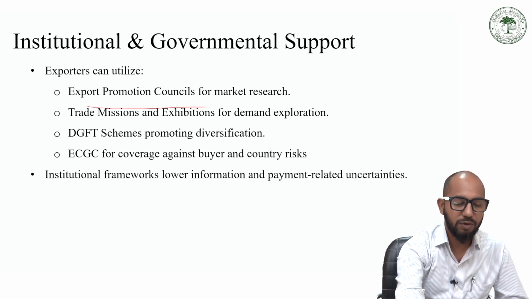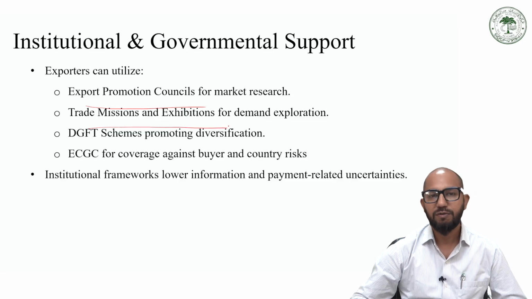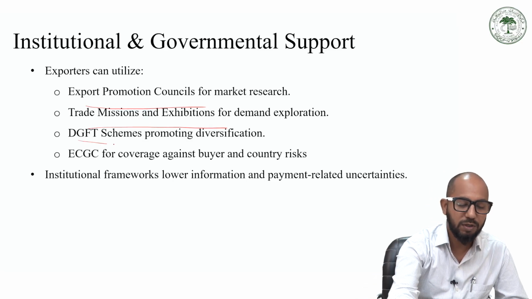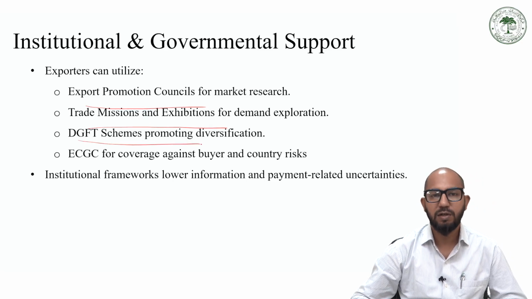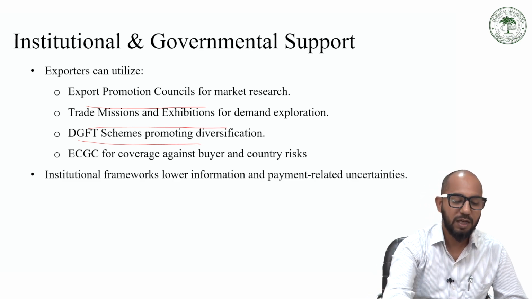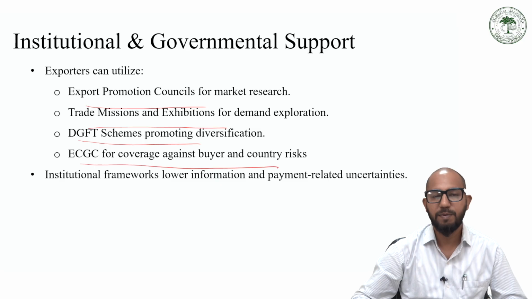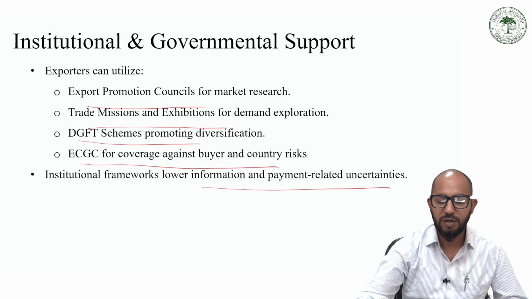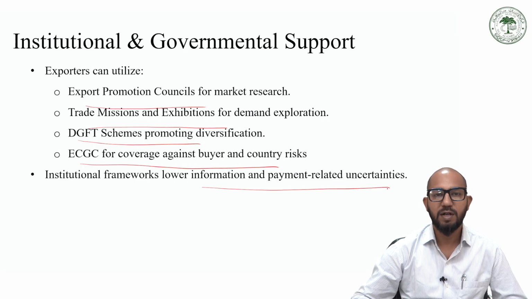They can also utilize different trade missions, trade fairs, exhibitions for exploring the demand of their products. They can also use the DGFT, that is Directorate General of Foreign Trade scheme, which promotes diversification among the exporters. They can use the ECGC for coverage against buyer and country risk. All these institutional frameworks can lower information and payment related uncertainties.